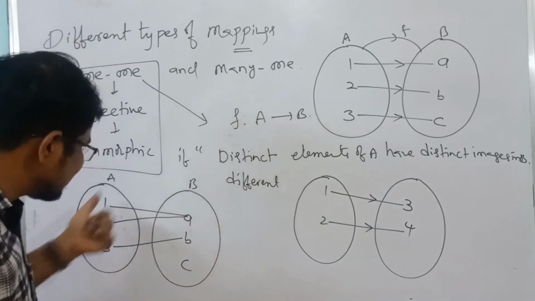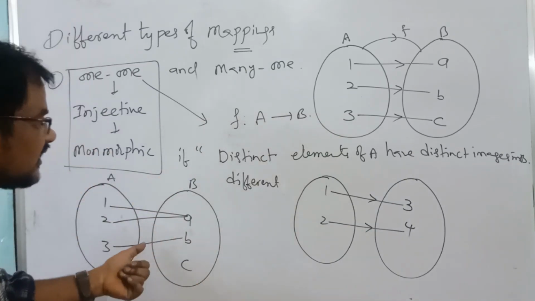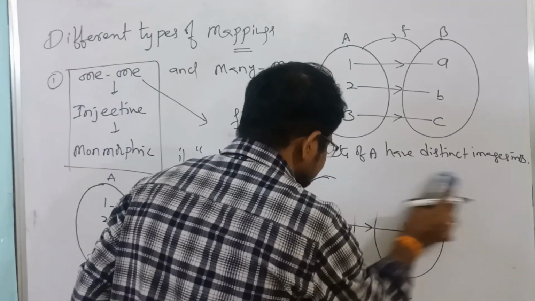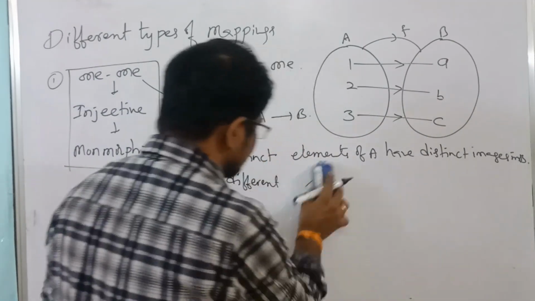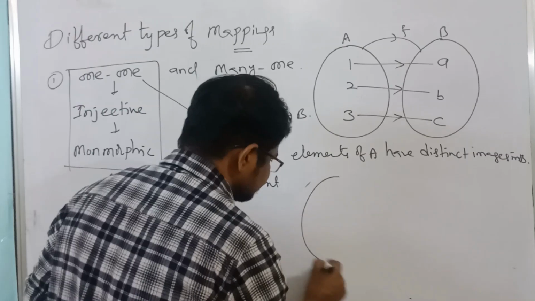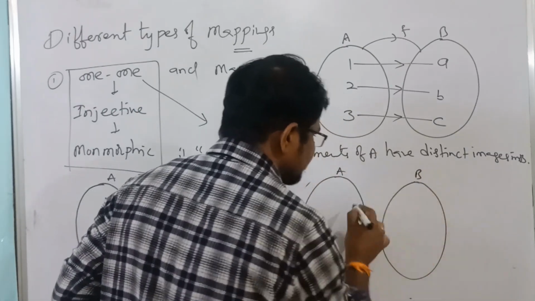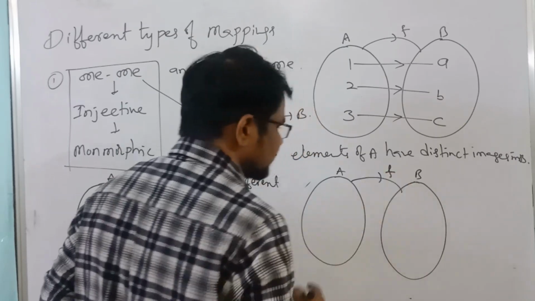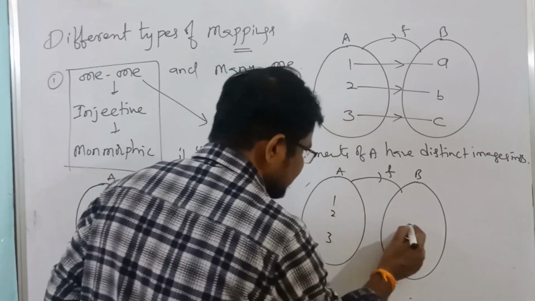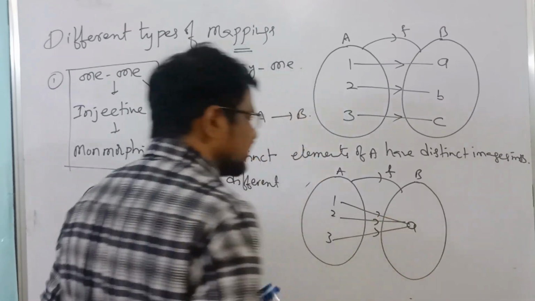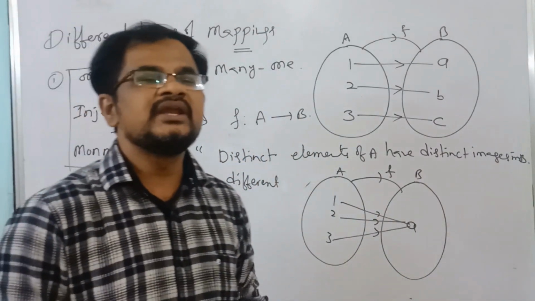So this type of example is a many to one function. If you take one more example, with this as A and this as B, a function mapping from A to B, 1, 2, 3, A, this is also an example of a many to one function.